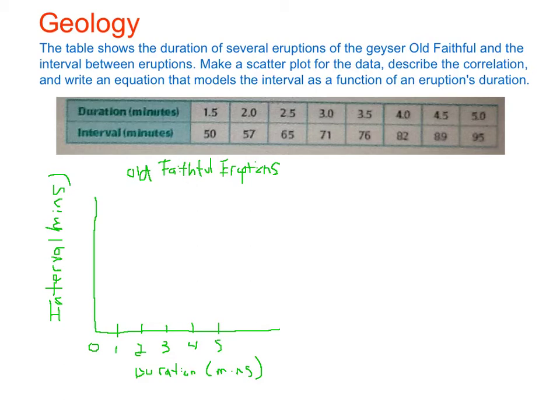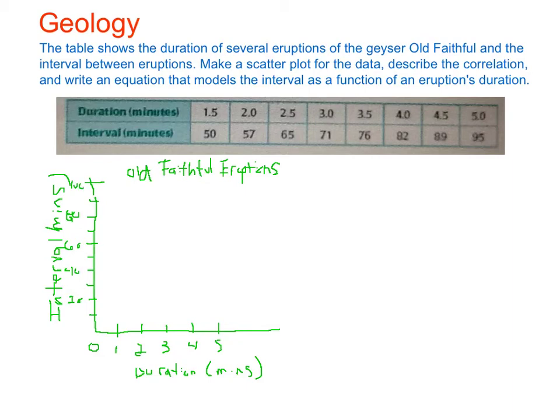So I'm just going to go up by tens. So this would be 10, this would be 20, 30, call this 40, 50, 60, 70, this would be 80, 90, and I'll call this 100 up here at the top.